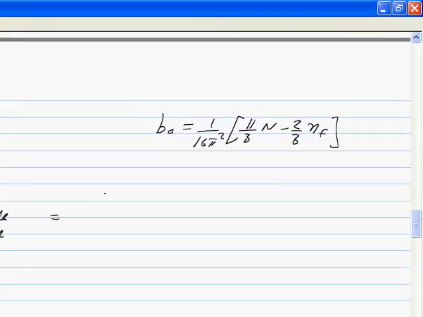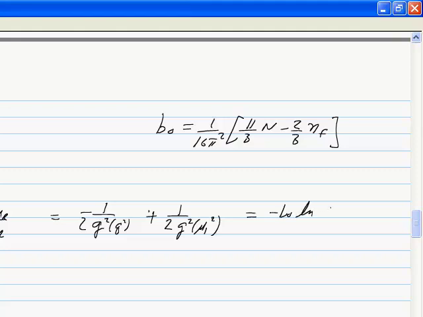So I end up with then minus 1 over g squared of q squared plus, and there's a 2, plus 1 over 2 g squared of mu1 squared equals minus b0 log q over mu1. Okay.